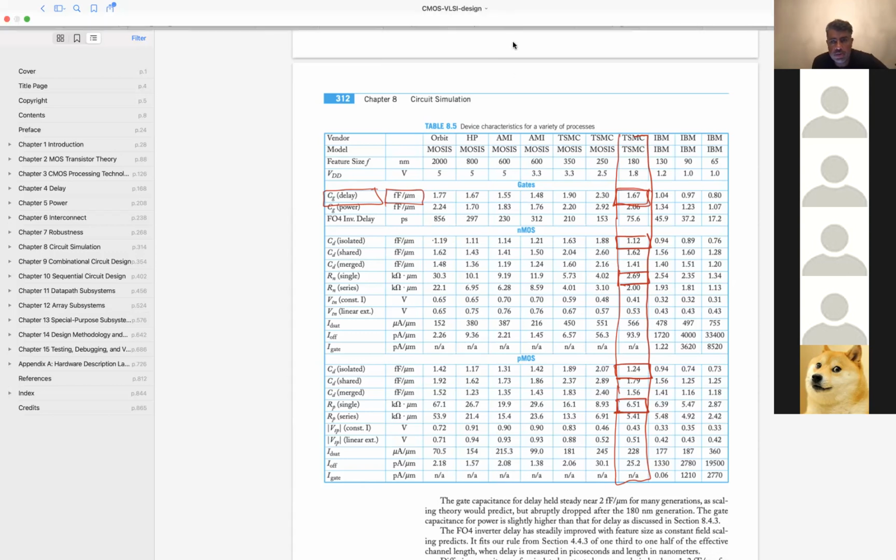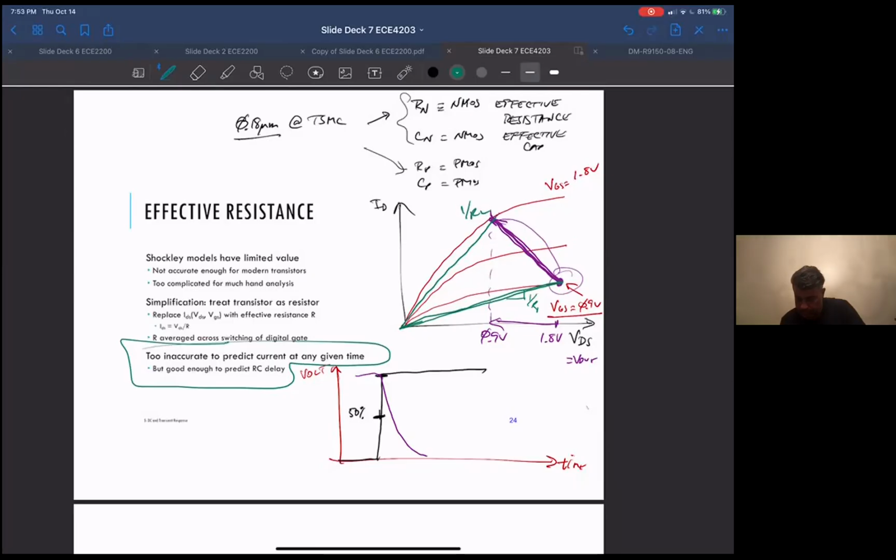Let me share my screen again. So this was the effective resistance.